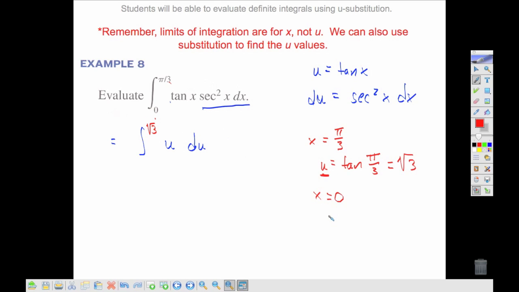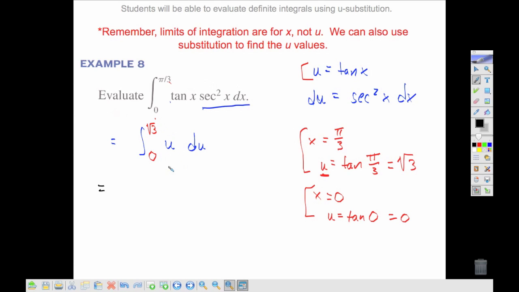My lower limit was 0, so if x is equal to 0, my u will be equal to the tangent of 0, which is equal to 0. That's my lower limit. Again, change your limits because we're starting with x values, we need them to be u values. We just use our substitution to make that choice. We can now solve this normally.